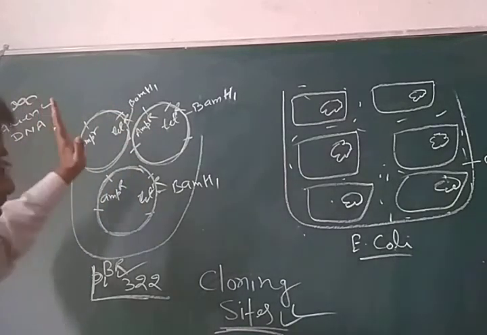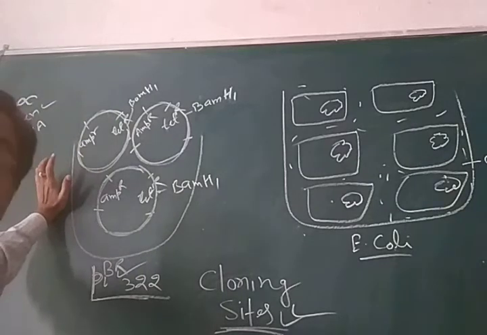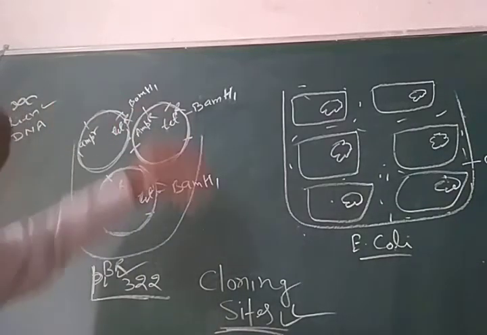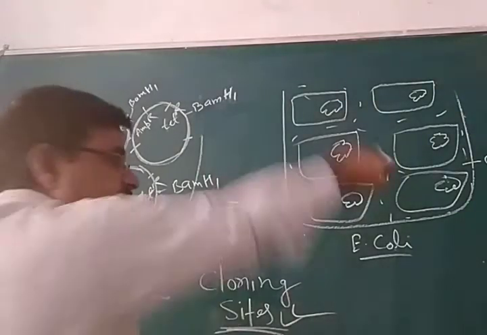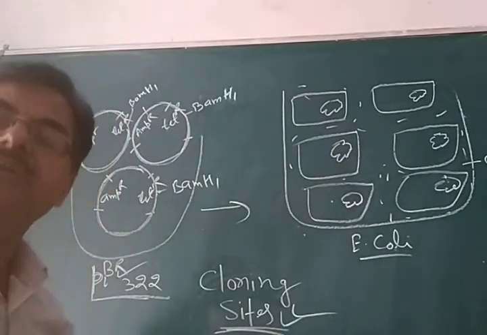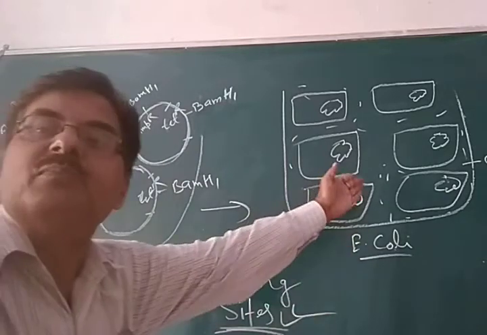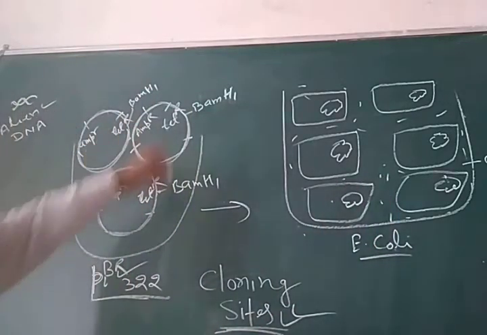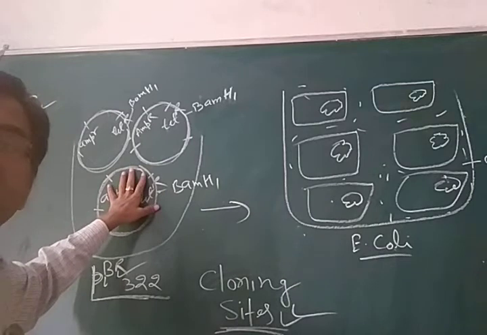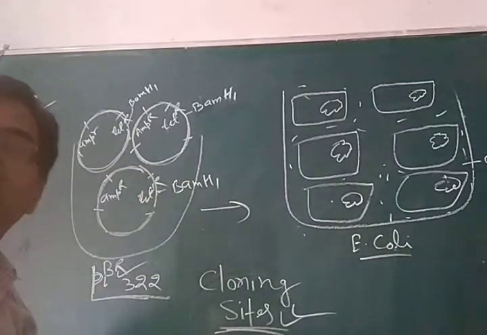At the commercial scale we require many cloning vectors, as well as many alien pieces of foreign DNA, to make a large number of recombinant DNA to transfer into the host, for its cloning and for the production of the product. This is the host. So we require a large number of these cloning vectors, as well as a large number of this alien piece of DNA.